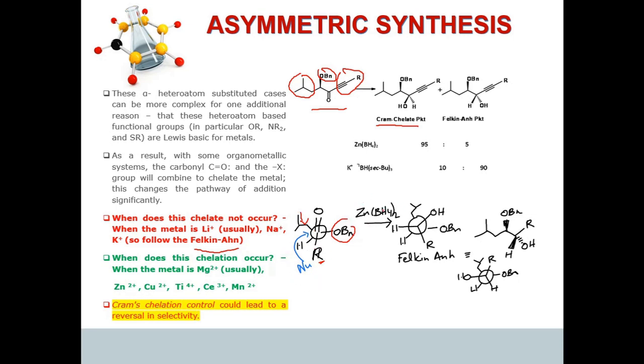Now, I have a zinc. So, when I use zinc borohydride, I am actually doing a reduction, hydride reduction. I am adding H minus to my carbonyl carbon. So, my hydrogen gets attached here. So, I have my OH here, I have my R here. You can see this.